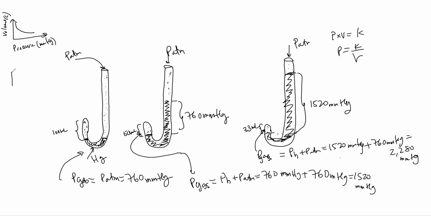But if you modify this graph slightly, and you plot the volume in milliliters versus 1 over pressure, 1 over the pressure in millimeters of mercury, when you plot these data points, you will get a straight line.